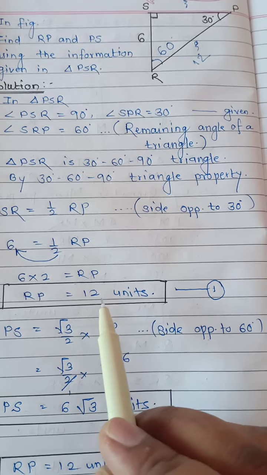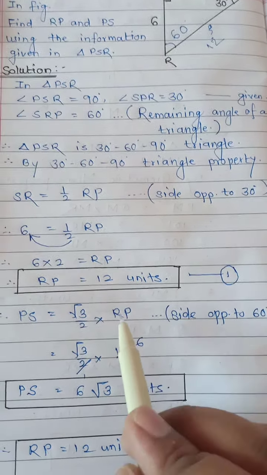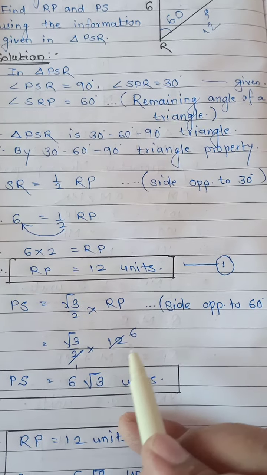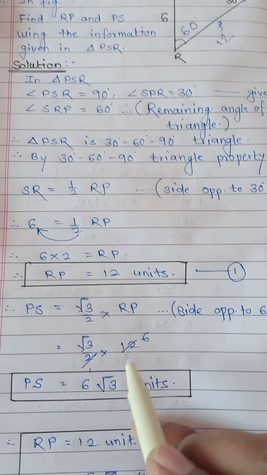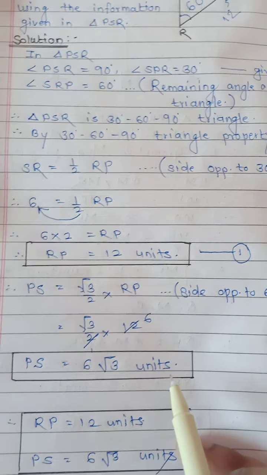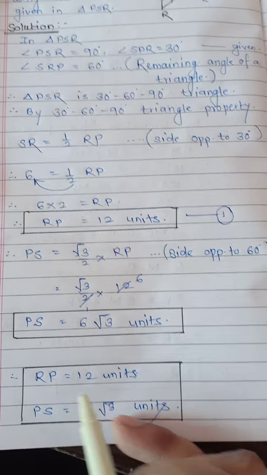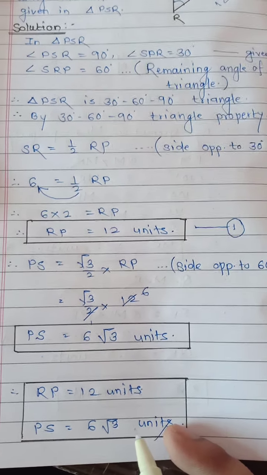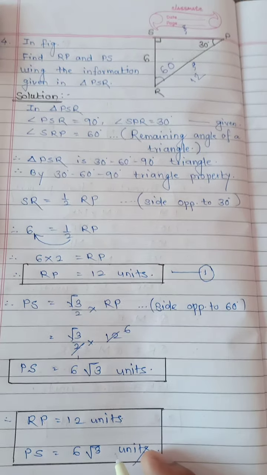And we got the value of RP in equation 1, that is 12. Substitute here the value of RP as 12. Cancel with 2. 2 sixes are 12, so 6. So the answer of PS is 6√3 units. So we got both answers, that is RP equals 12 units and PS equals 6√3 units.